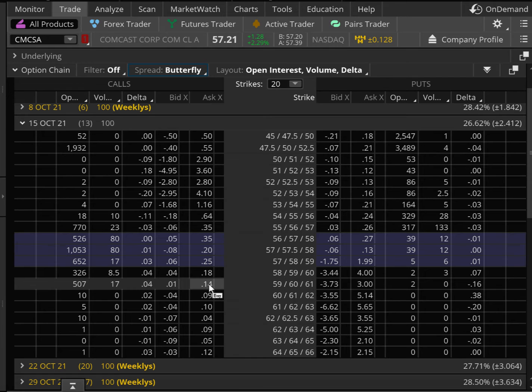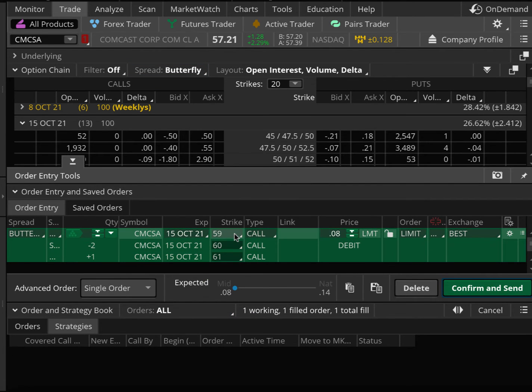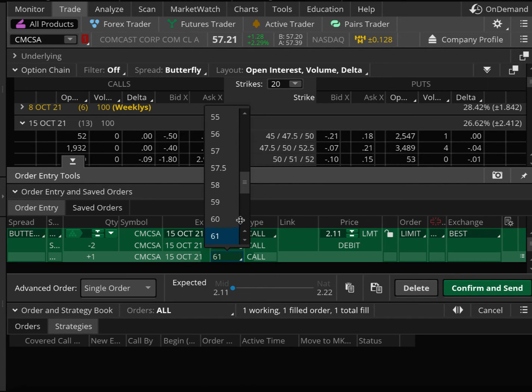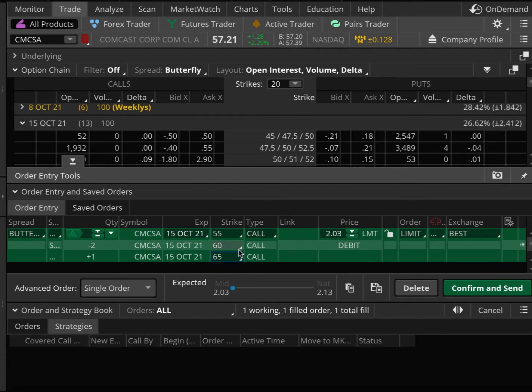So you're going to press buy, but you may want to increase the wings of the trade, maybe to 55 and then equal on the other side, 65. And so what happens is you're going to buy a butterfly spread for $2 or $200. But because you're buying, you're going to profit from the price being above 55, but you're also going to profit from the price being below 60.